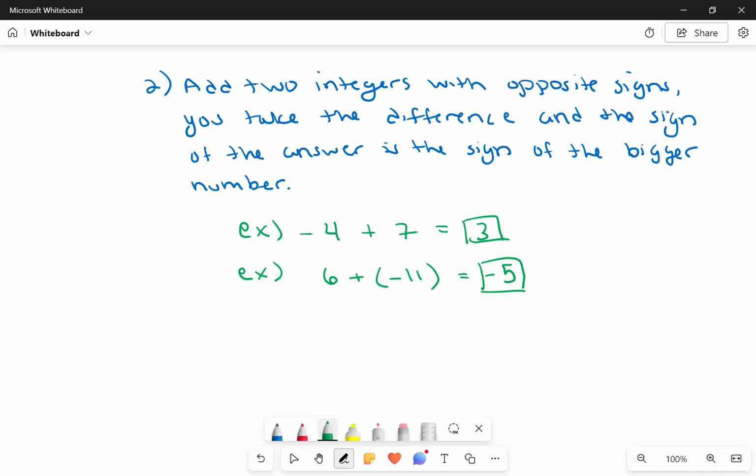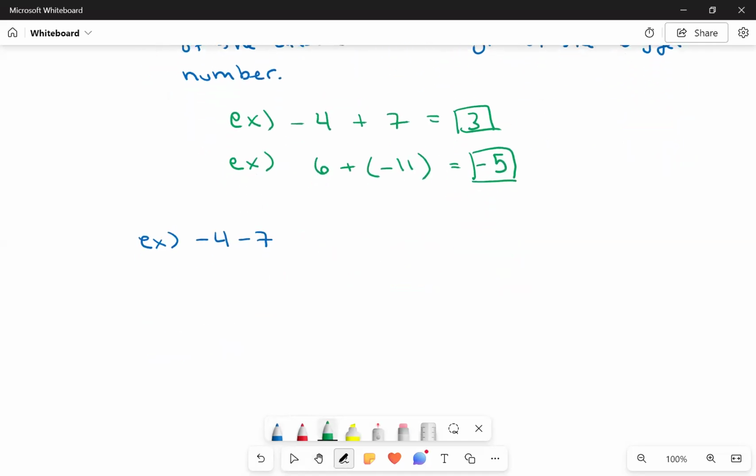All right, now let's do some subtractions. Let's say I want to do negative 4 minus 7. So on the number line, negative 4 is 1, 2, 3, 4 right here.